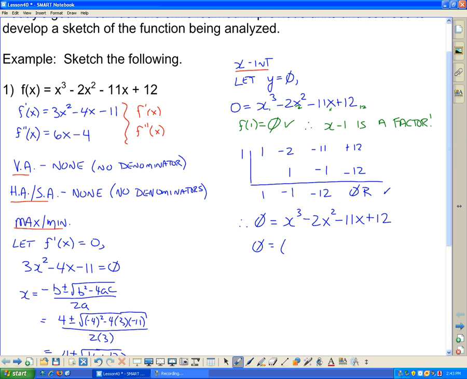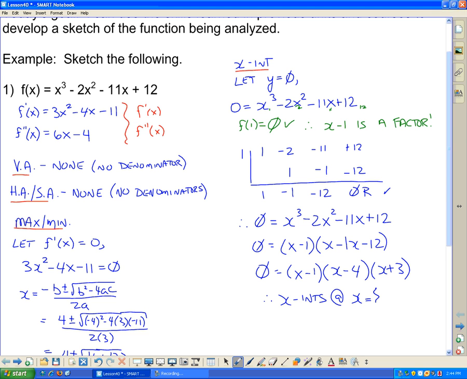That's the same as x minus 1 for my factor, and now I'm left with x squared minus x minus 12. And that factors down even further for us because it turns out to be x minus 4 and x plus 3. So therefore, we have x-intercepts at x equals -3, 1, and +4. So there are the x-intercepts taken care of for us.